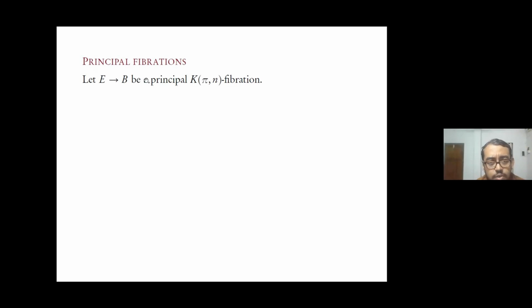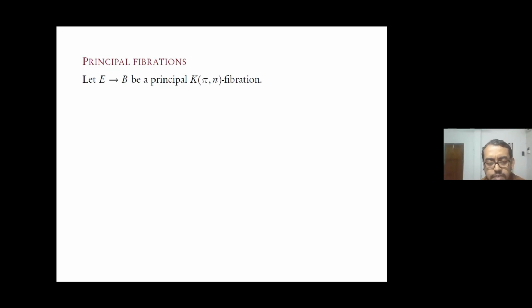So forget the word principal. It's a K pi n fibration, which means that this is a fibration where the fiber is K pi n, where pi is an abelian group. And being principal means one of two things. As I said, in our case, B is going to be simply connected, in which case this is going to be automatic. But otherwise, what this means is that you take a fibration with fiber K pi n and you ask whether it arises as a pullback of the path space fibration.